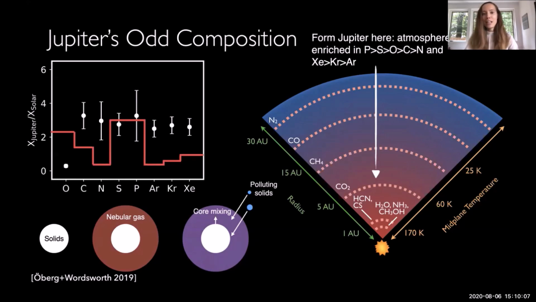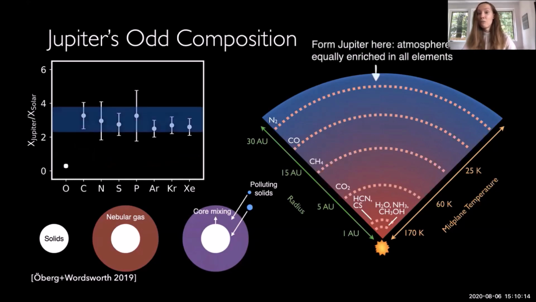On the other hand, if you move Jupiter's formation zone to, let's say, 35, 40 AU, then everything is frozen out, which means that your polluting solids now have a uniform solar composition, and give a constant enrichment to whatever level, which just depends on the amount of solids that becomes dissolved in the envelope.